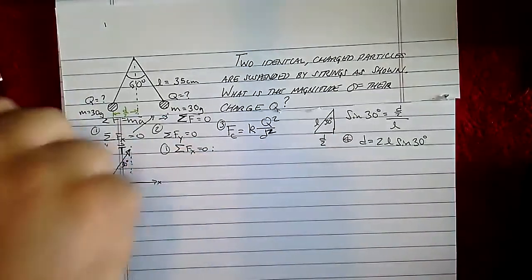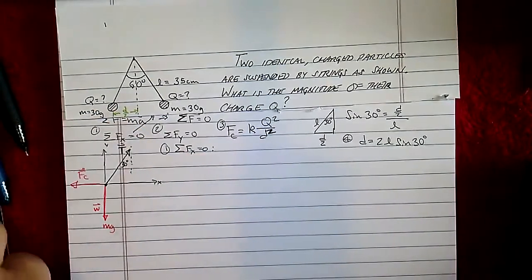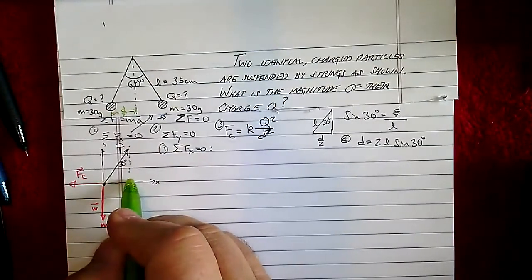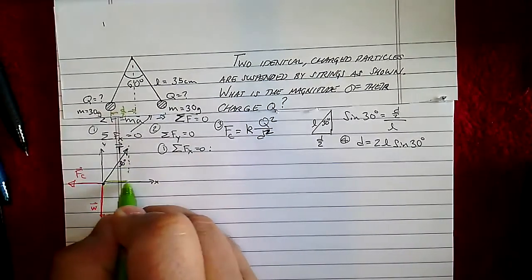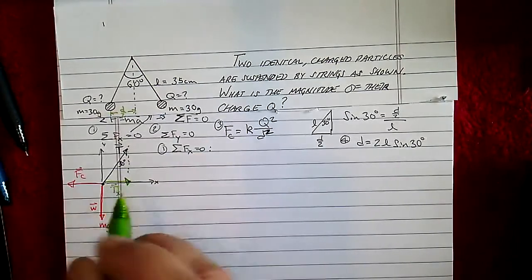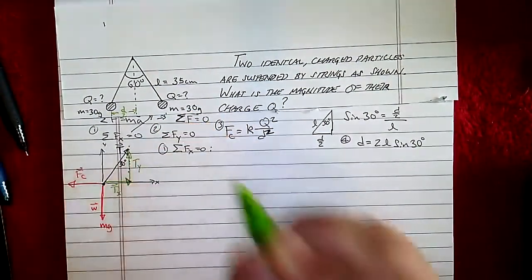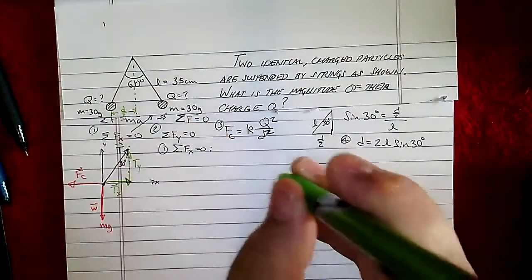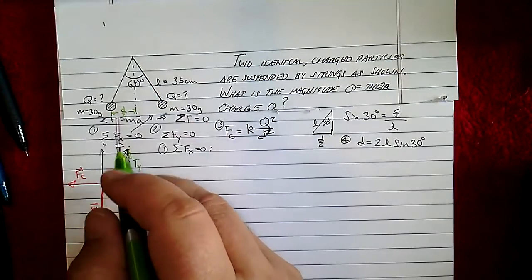In order to do that, I've got to find out what the x and y components are of this tension T. I know that the x component points to the right, the y component points up, so they're both positive directions. So this little vector would be T sub x, and this vector right here would be T sub y. Using trigonometry, I can see that this is the tension T on the hypotenuse.